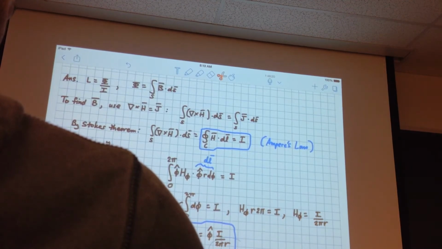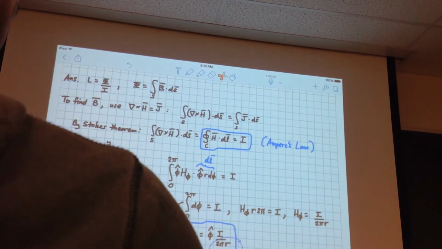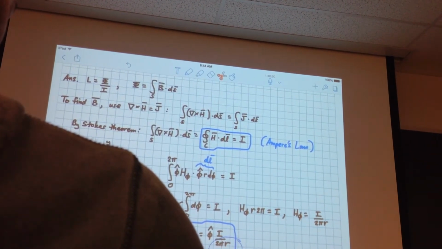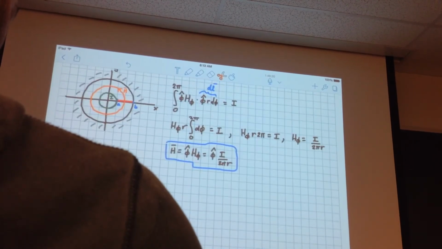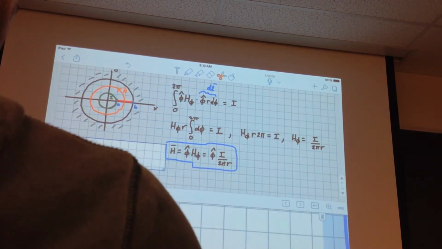And as expected, there is a relationship of the magnetic field strength that depends on the distance away from the z-axis, 1 over r. Okay, so what is the B field then?